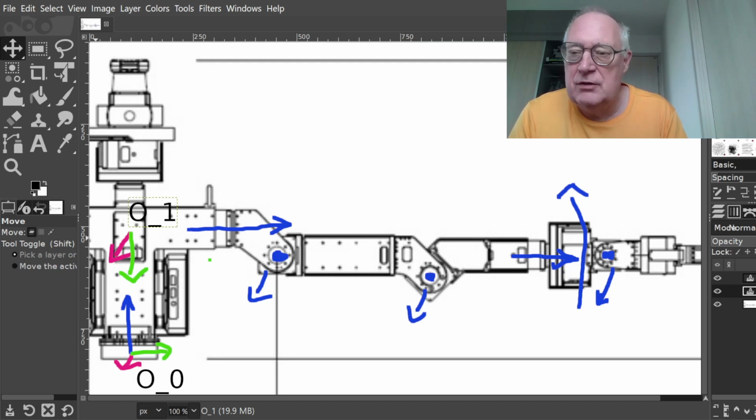Now let's take the measurement of that. If I look at the pixels, that will be D1.